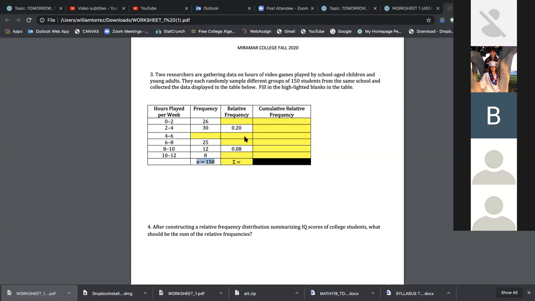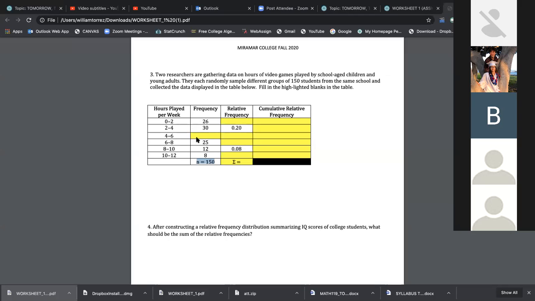And we could round that to 3 places as 0.173. Okay. So we could easily calculate the relative frequency for the first class as 0.173.